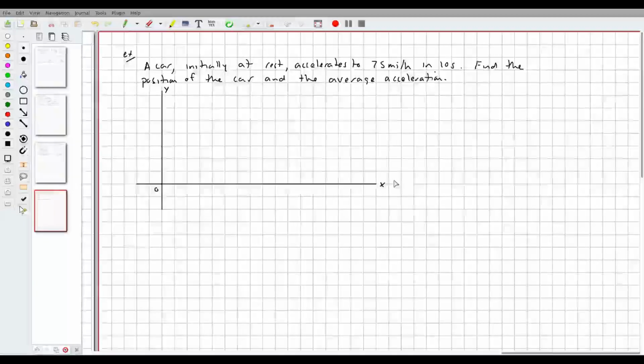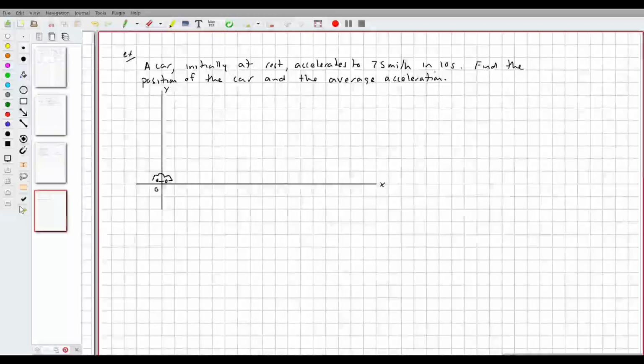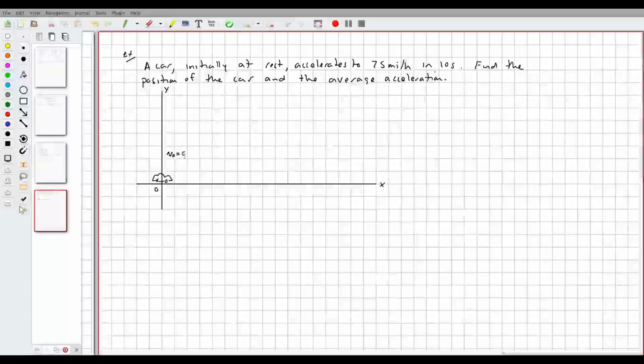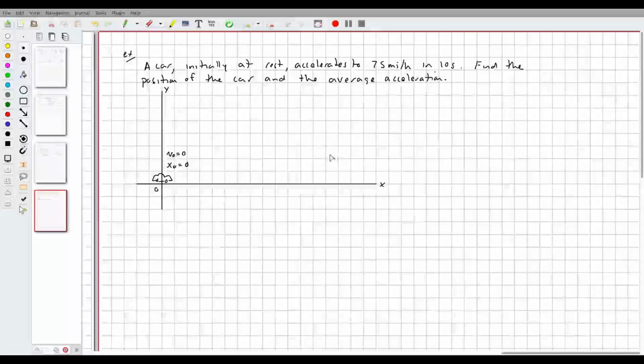To make my life easy, since I can move coordinate systems around however I want, I'm going to have the car start here at the origin. That means my initial position is going to be 0. That's fine. Now, we know our initial velocity is equal to 0. By putting my coordinate system here, I've also managed to make my initial position equal to 0.